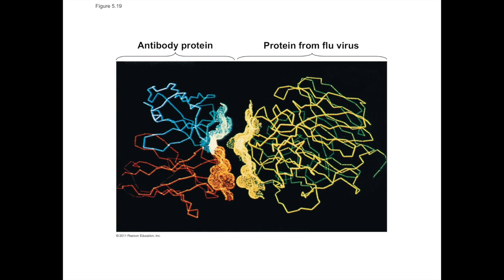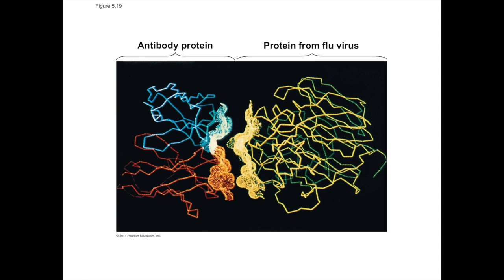So, for example, one type of protein we have in our body are antibodies, which help protect us from disease. And the way that they do that is if we have, say, a flu virus, the flu virus has proteins on the outside of it. And our body has to learn to recognize those proteins from the flu virus, so our immune system can say, this is a bad guy, we need to destroy it. And how does it do that?